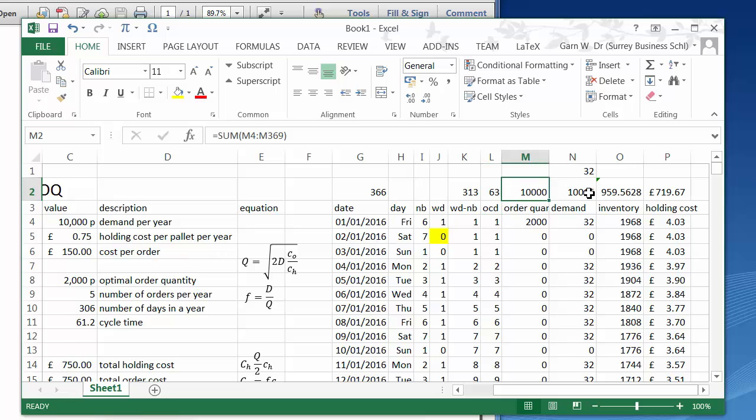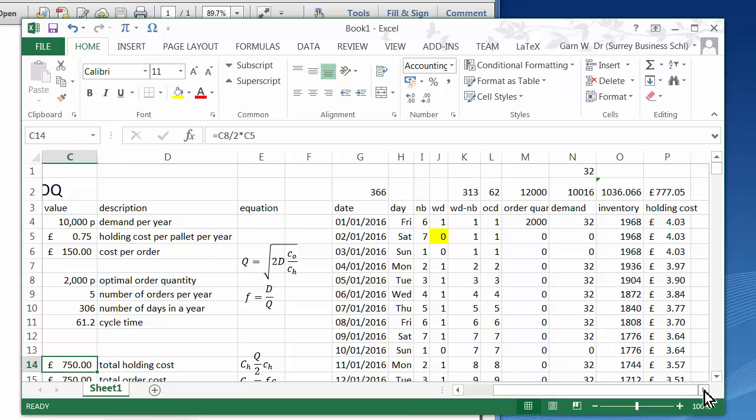Well, we would be short 16 items and we would have a lower inventory. Okay, holding cost 777, very close to the 750.